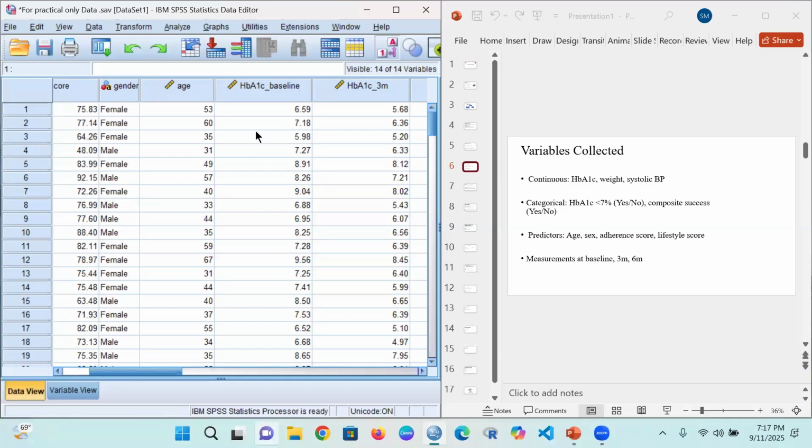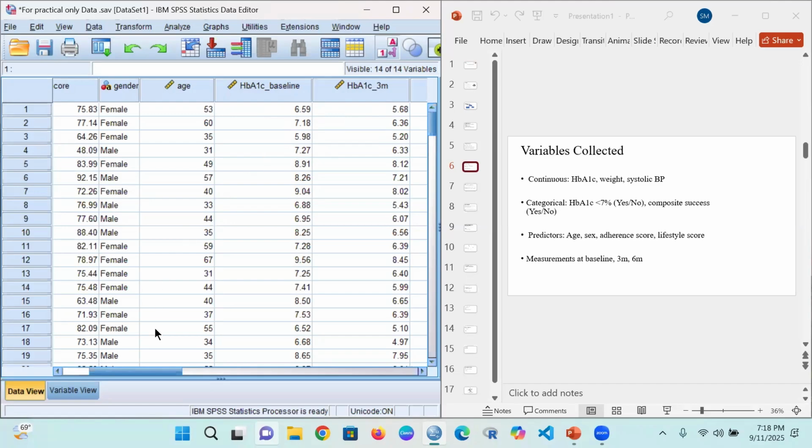The HbA1c baseline is the HbA1c of the patient that was recorded the first day he came to the clinic. For example, a patient came to the clinic today and his or her HbA1c is taken and recorded at 6.59. So the HbA1c at baseline is the data that was recorded on the first day the patient came to the clinic.